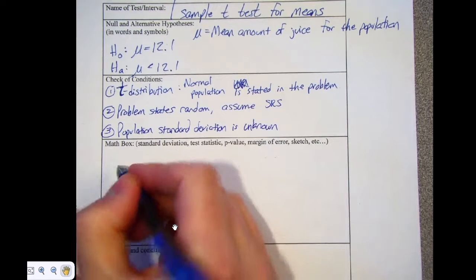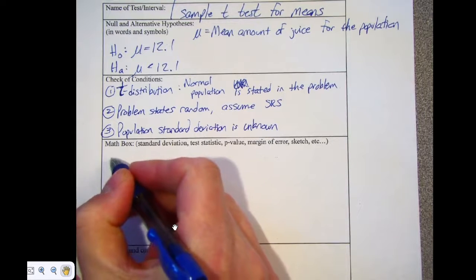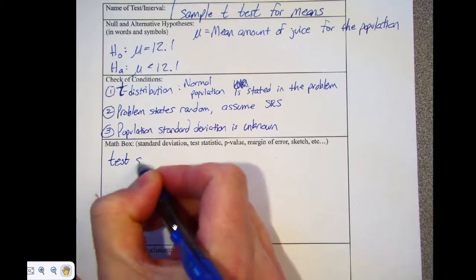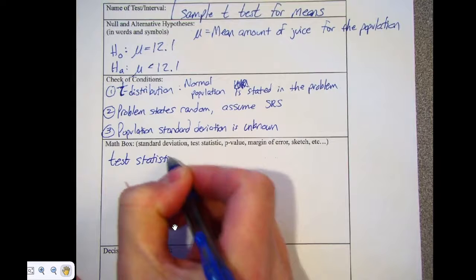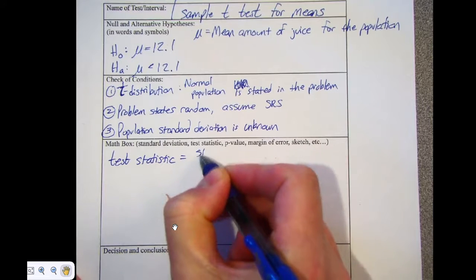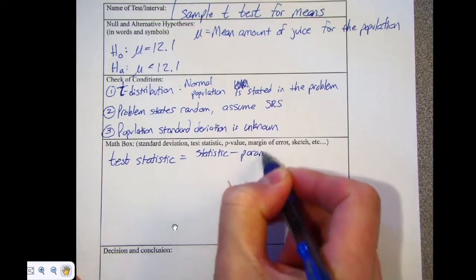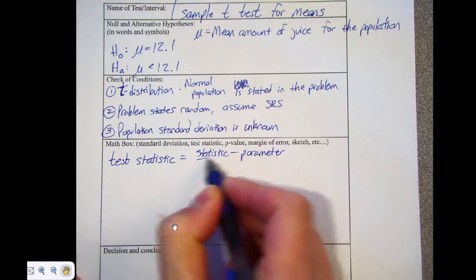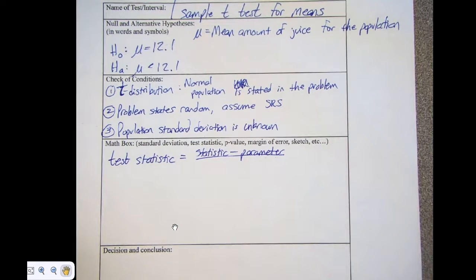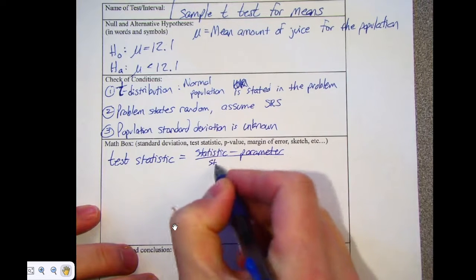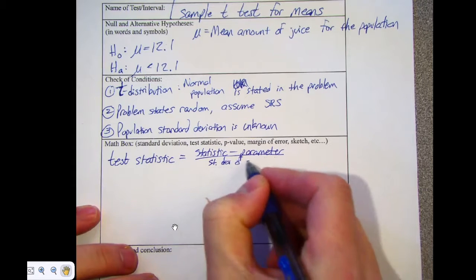All right, so this is always going to be test statistic equals statistic minus parameter. So remember, where does the statistic come from? The sample or the population? The sample, and the parameter comes from the population. Divided by the standard deviation of the statistic.